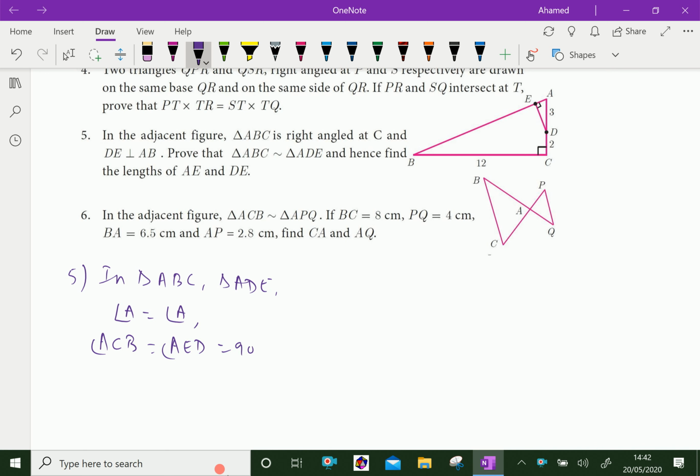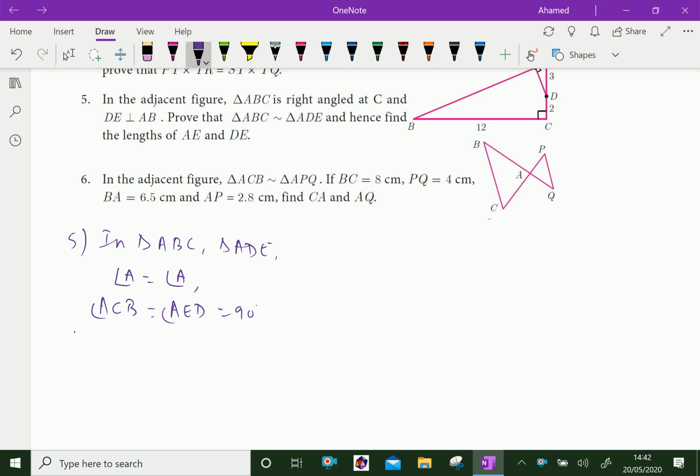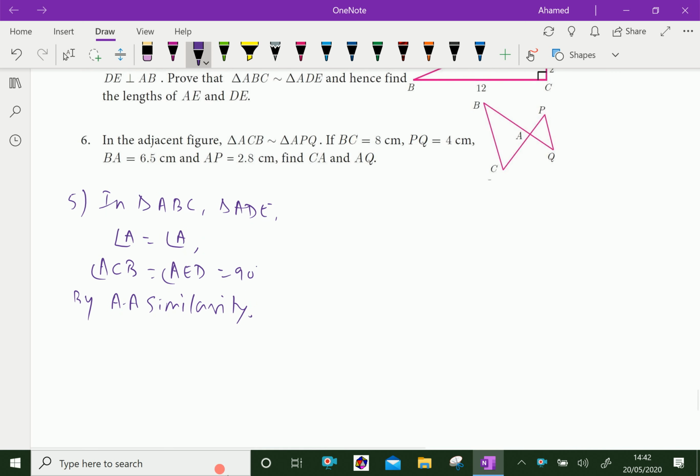Both are 90 degrees. Therefore, by AA similarity, triangle ABC is similar to triangle ADE. We proved it.